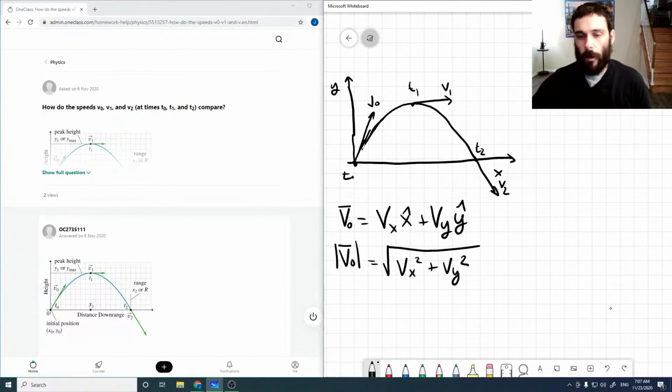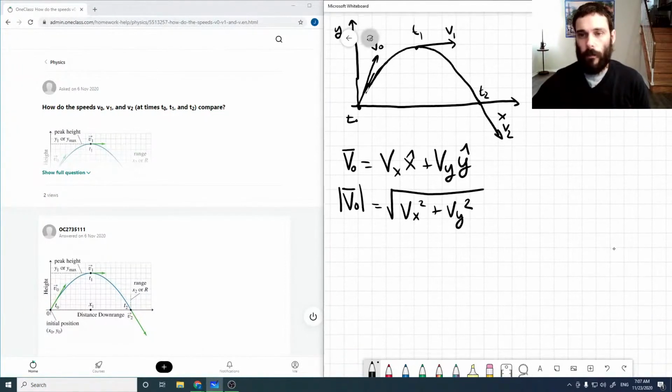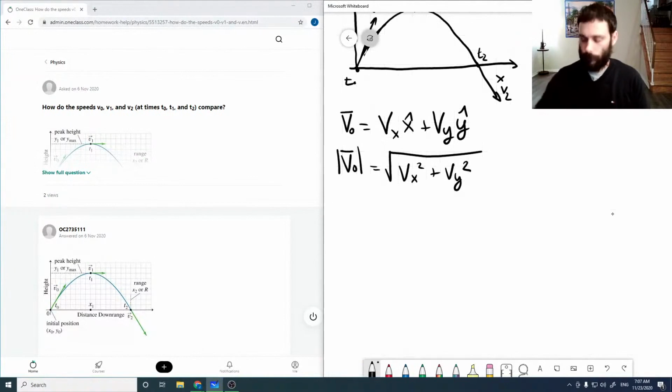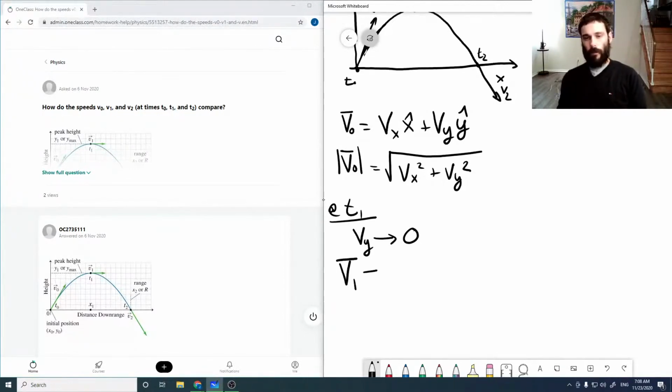So then at T1, which is the peak of our orbit, Vy has gone completely to 0, but gravity only acts in the y direction, so that means that V1, our velocity, is still going to be Vx x hat. So it'll be an identical x velocity, assuming no wind resistance, of course.